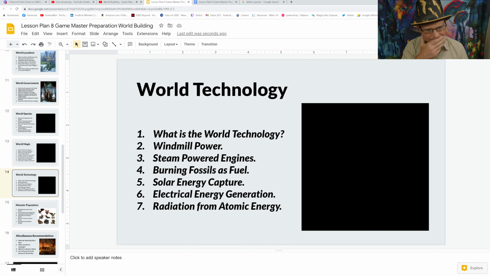Right, so when I was looking up technology and creating this, I was trying to find a gradient of technology that's known. The problem is that when you look at a gradient of technology and how it develops, it's based on our own world.